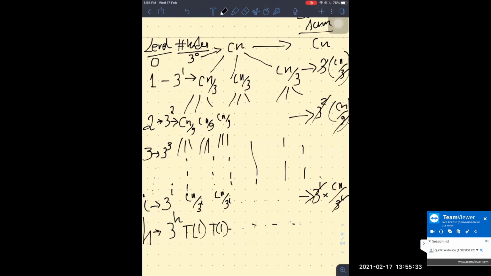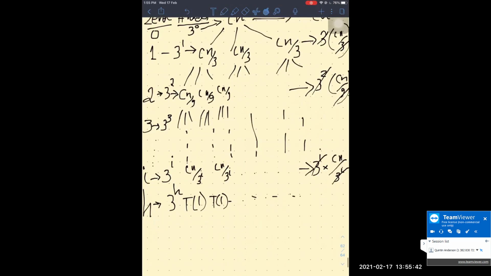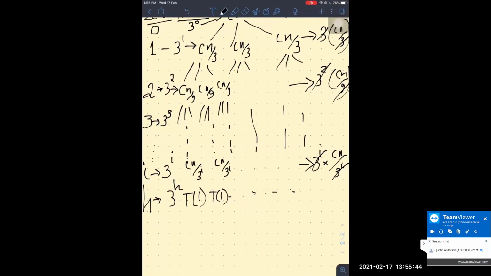So again, this one will be just c of n. So similarly for the last level of the tree, we will get 3 to the power h times c of n divided by 3 to the power h.